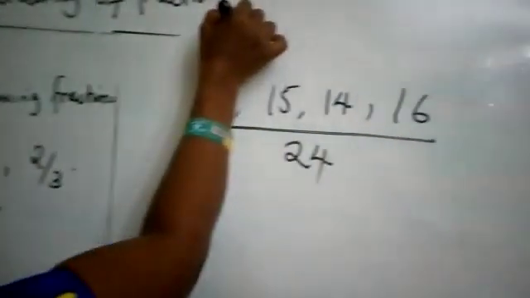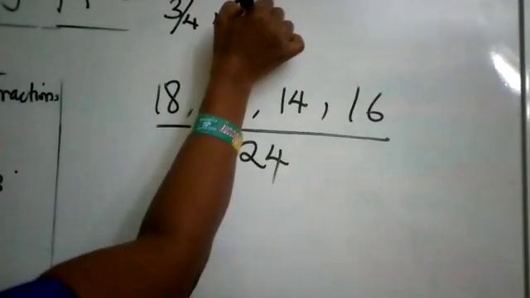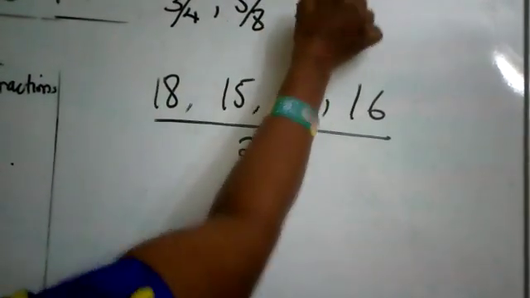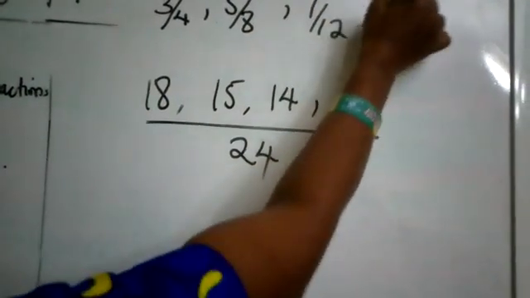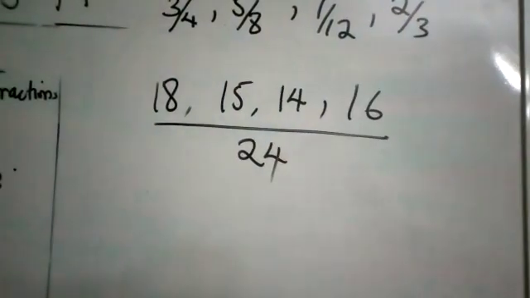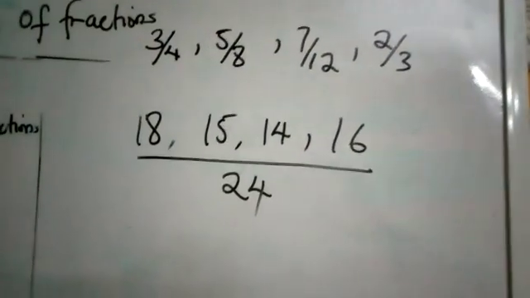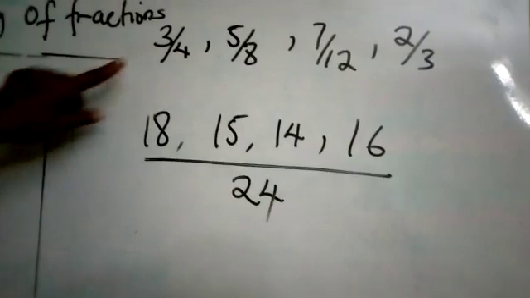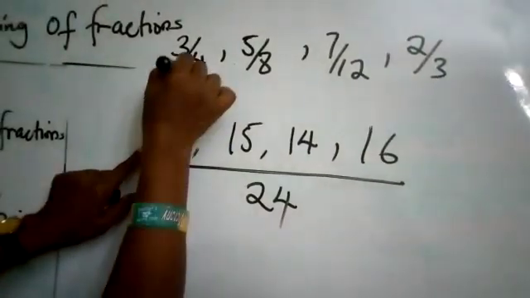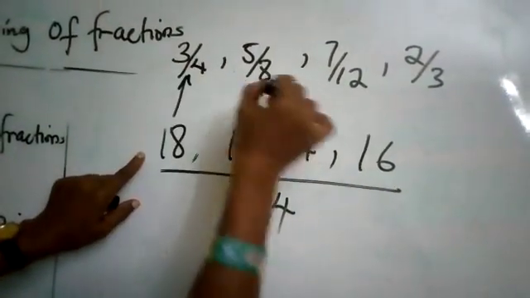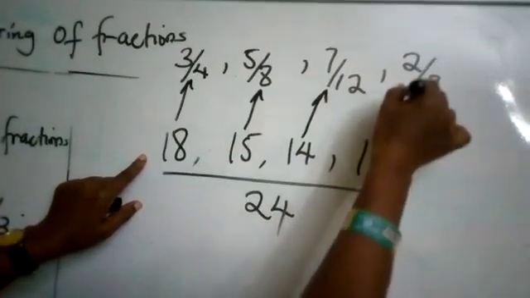All right, let's have the original fractions written up here. So these are the fractions we are dealing with. We said this one has resulted to this, and this to this, and this to this, and this to this.